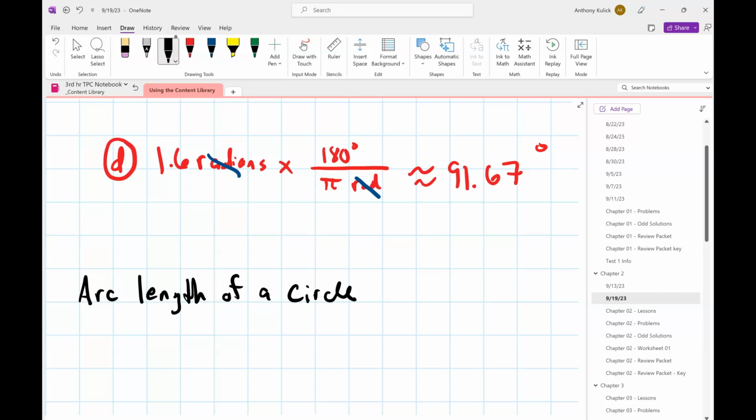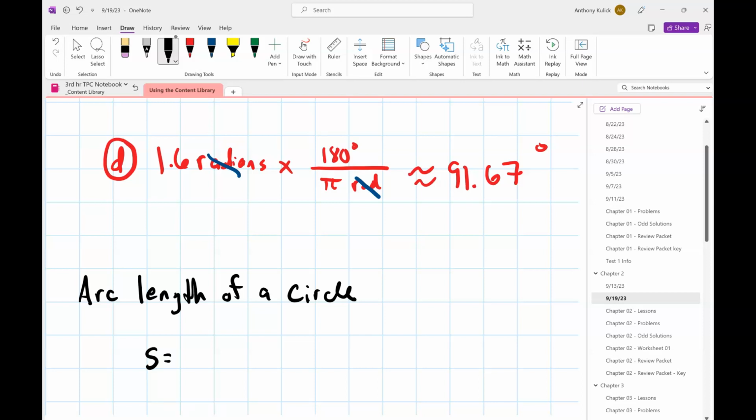Okay. I want to talk next about arc length of a circle. Do you remember what this is from geometry?